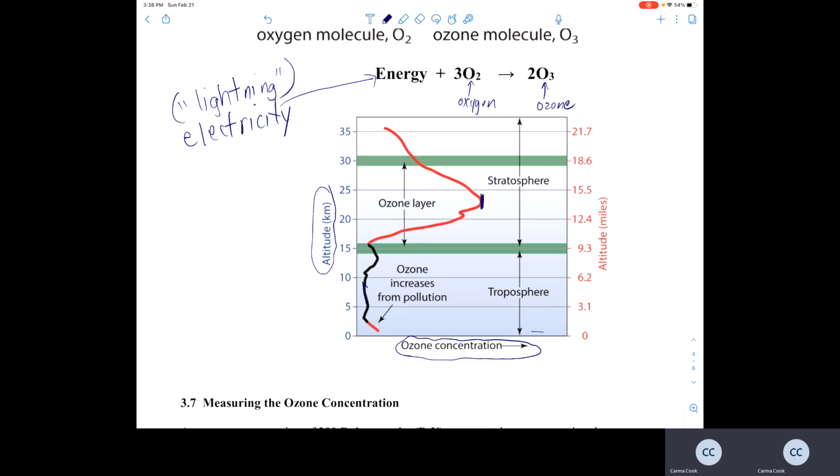In the troposphere, you have the lowest ozone concentration. And ozone concentration increases in the troposphere due to air pollution. So that little red spike that you see is due to air pollution. But normally, if there wasn't air pollution, you would have a very, very small amount of ozone in the troposphere.